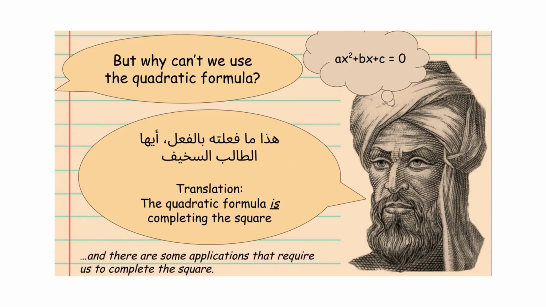Plus, there are some applications that require us to complete the square, specifically those involving graphs of circles, ellipses, and hyperbolas that you might see in algebra, geometry, or trigonometry and pre-calculus courses.